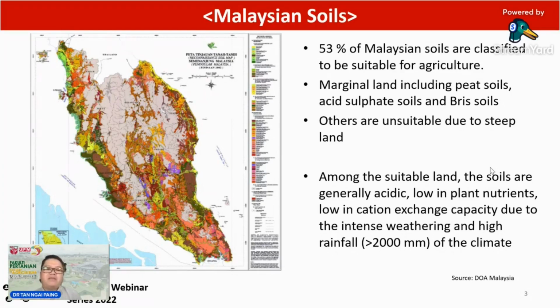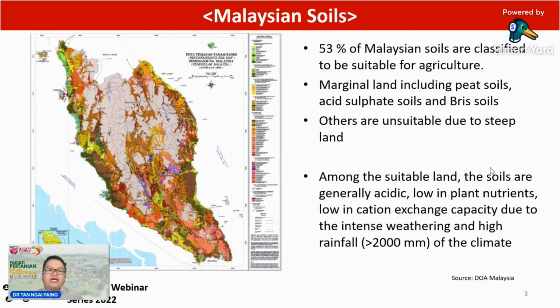But most of the time, like I mentioned, the inherent fertility, meaning the fertility as it is, is not as fertile as compared to some other countries like those that have black soil. So we need excess fertilizer to really make our plants grow.